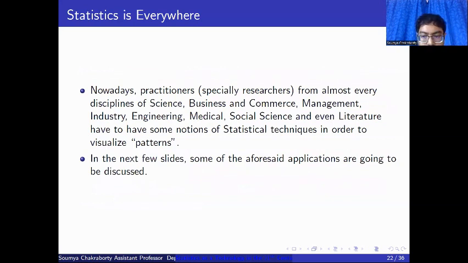So statistics is almost everywhere nowadays, from business and commerce to science, medical to engineering, social science, and even in literature. Because 5 years back, I read a paper that a new poem was discovered in some library of Oxford University, and some professors of English claimed that it was actually written by Shakespeare.